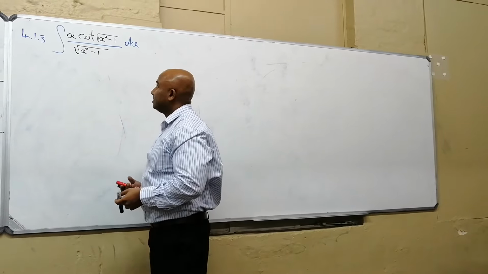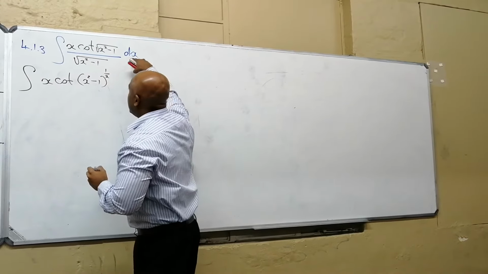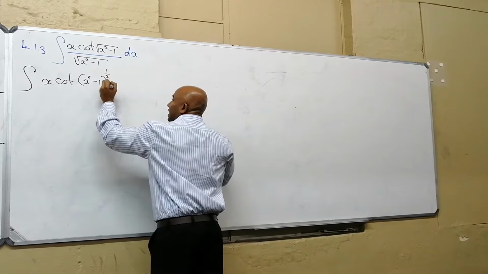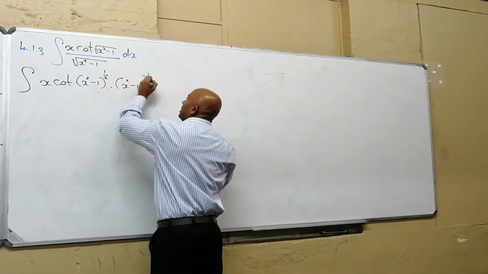What you need to do is get rid of the division, make it multiplication. So you can write it as x cot of x squared minus 1 all raised to the power half. And if you take this one to the top, it becomes times x squared minus 1 to the power minus half.